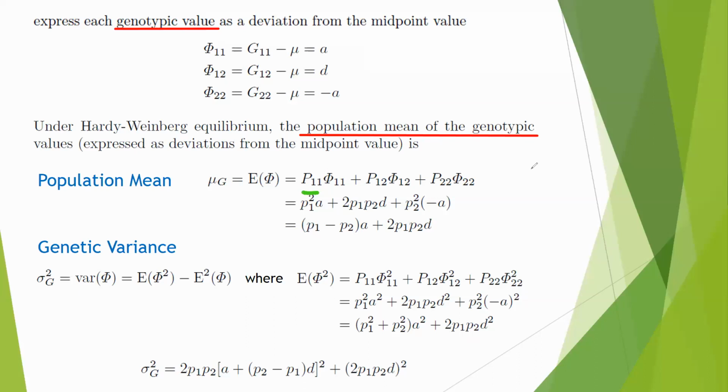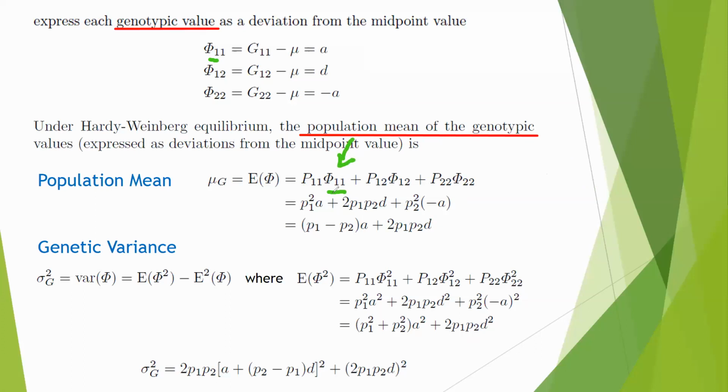The P11 is actually the probability of this genotype, right? Last time we talked about this. That's the P11. Why is that? Because this is the genotypic value for the first genotype, A1A1.